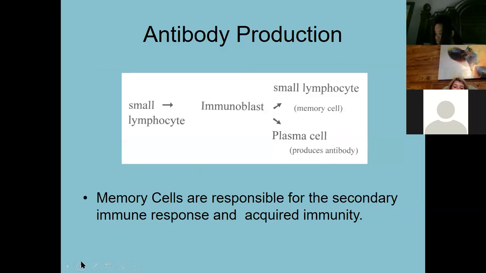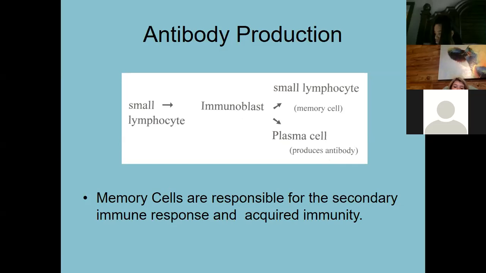Here is just a basic breakdown of how antibody production occurs. The small lymphocyte responds to the antigen. The small lymphocyte then differentiates, or it changes into a cell called an immunoblast. The immunoblast divides asymmetrically.